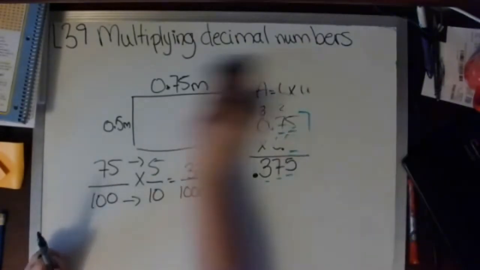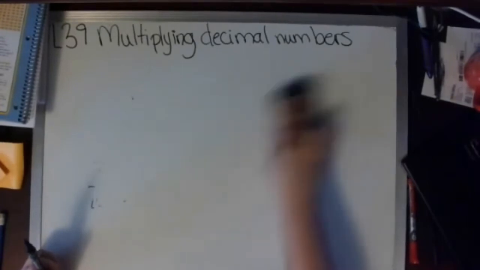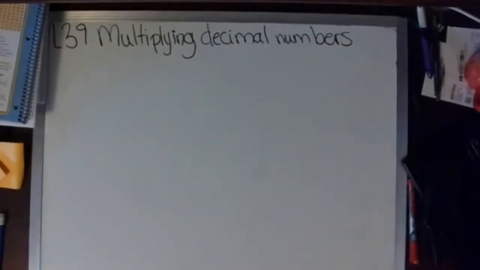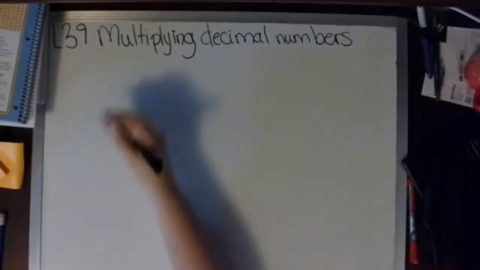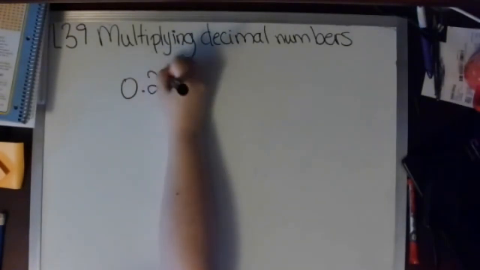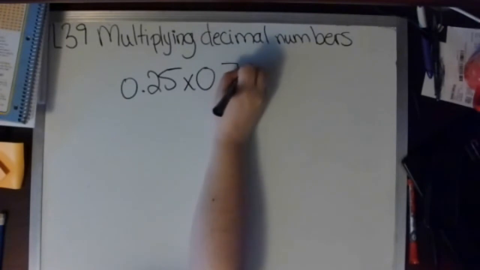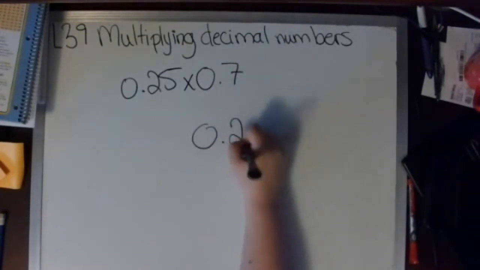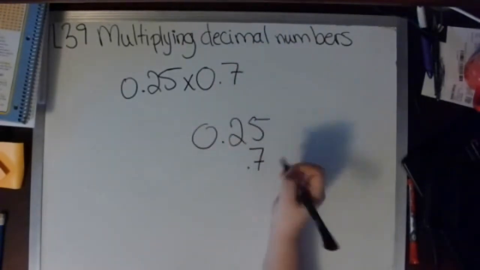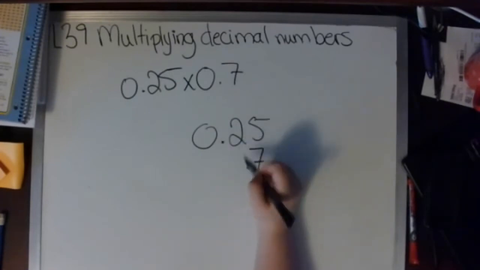Let's look at another one together. If I have the number 25 hundredths times 7 tenths, I'm going to put it down here. Remember, you don't need to line up the decimal places this time.